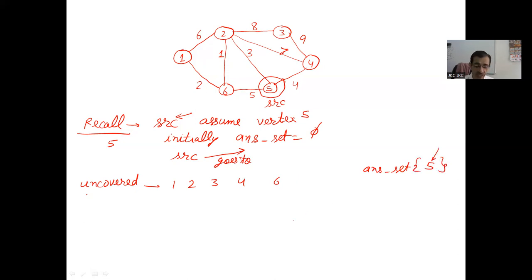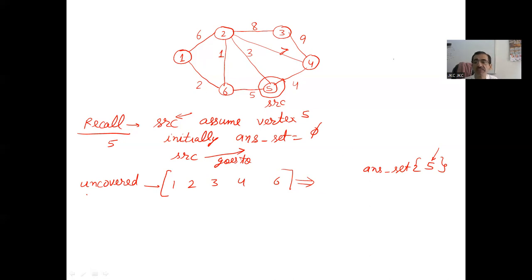Last time I gave a hint that effectively what I need is that one of the uncovered vertices is supposed to go from this side towards the answer set, in a way that we select the vertex.